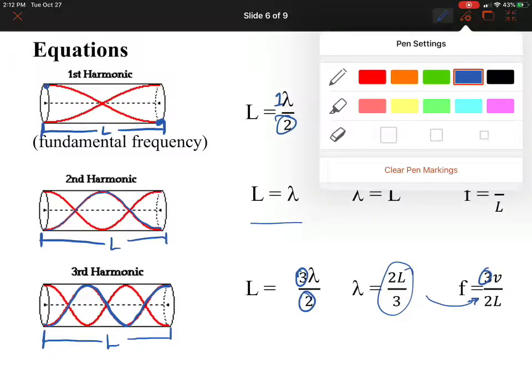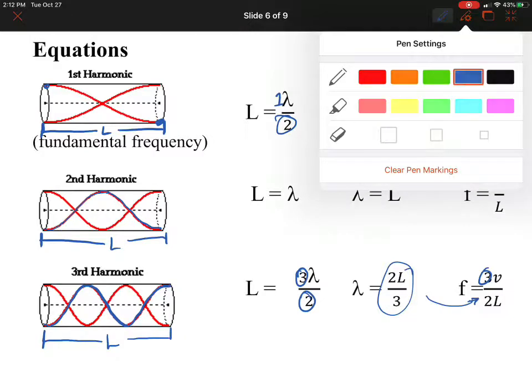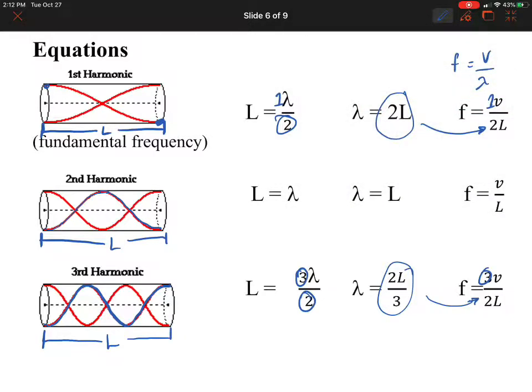Why is that? Remember, we are still technically working with halves of wavelengths, but the nice thing about halves is when you divide 2 by 2 or 4 by 2 or 6 by 2 or 8 by 2, you just get a whole number, right? But what do we really have? We technically have 2 halves of a wavelength here. There's 1 half, and there's the other half. So 2 halves of a wavelength, well, we just call that 1 wavelength, right?